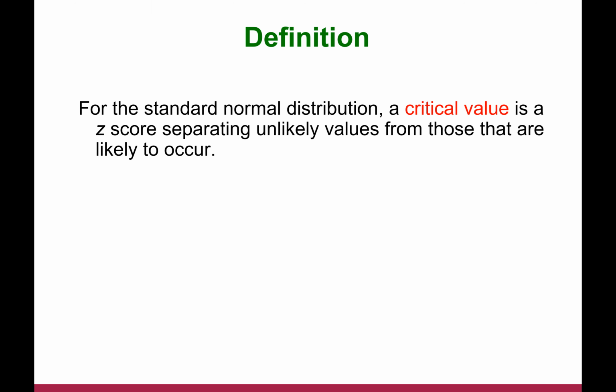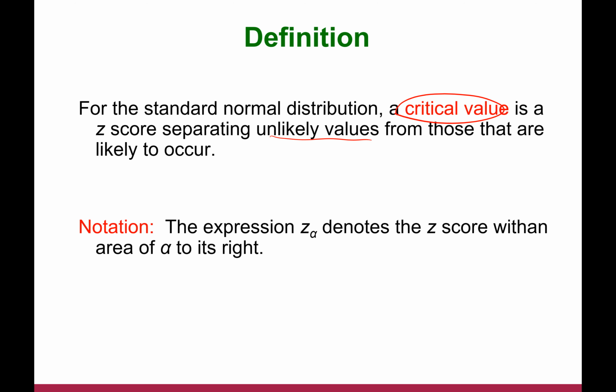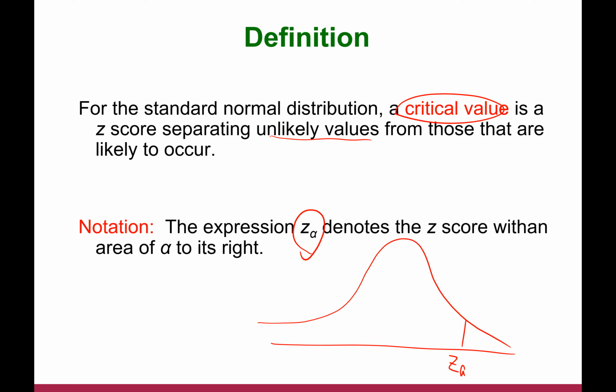For the standard normal distribution, the critical value is a z-score separating unlikely values from those that are likely to occur. The expression z alpha denotes a z-score with an area of alpha to the right. So if you draw the bell curve, z alpha here indicates the area to the right equal to alpha.